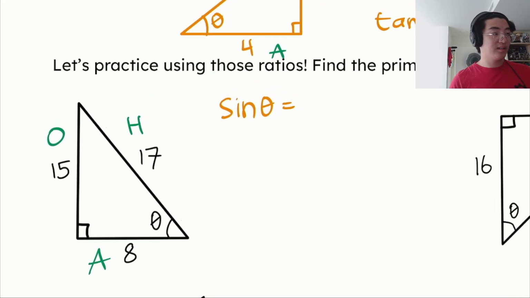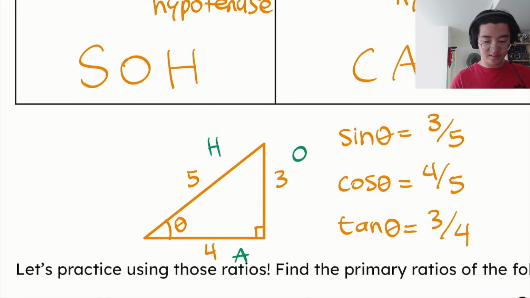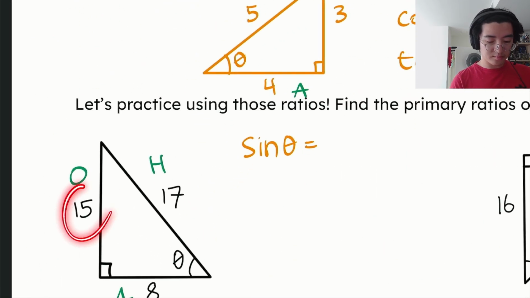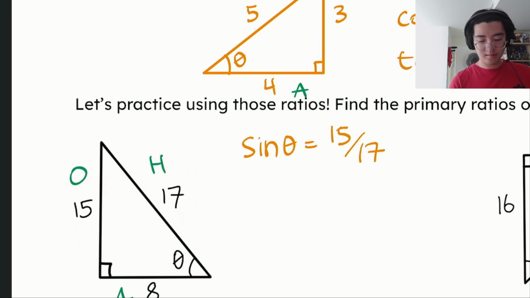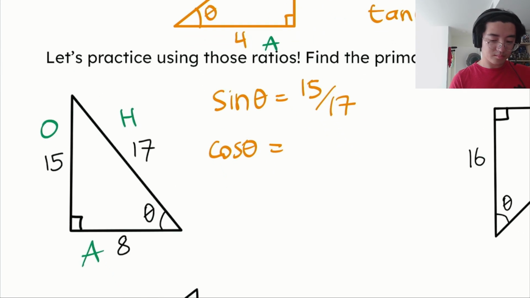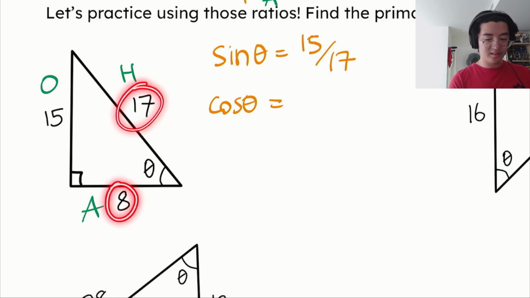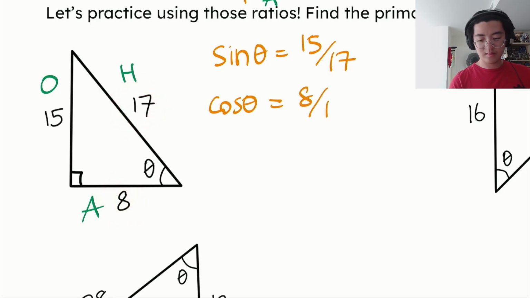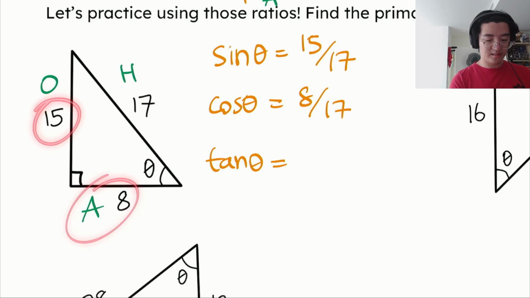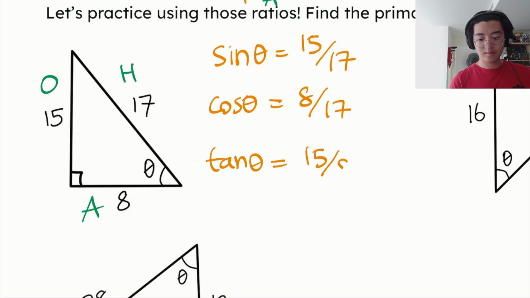Sine is opposite over hypotenuse. Cosine is adjacent over hypotenuse. Tangent is opposite over adjacent. Just like that.